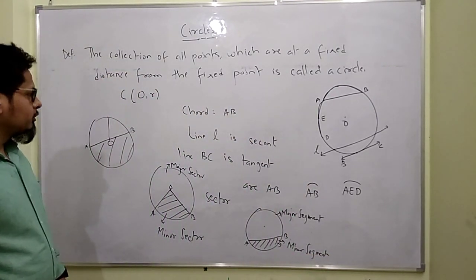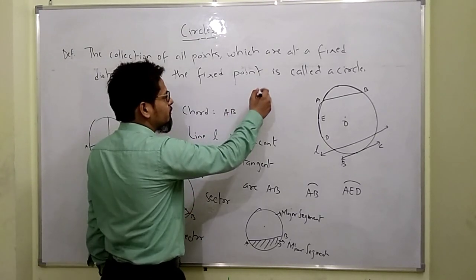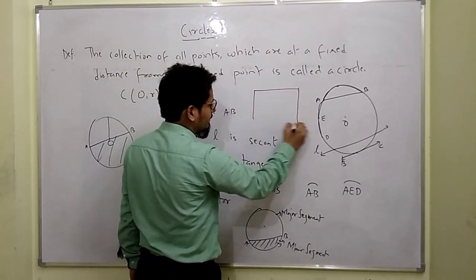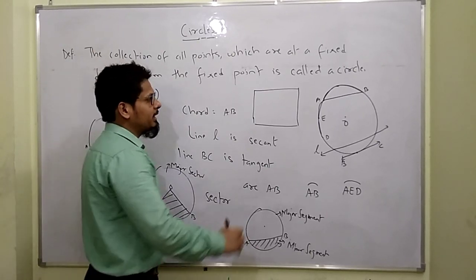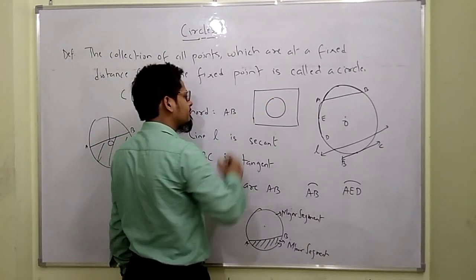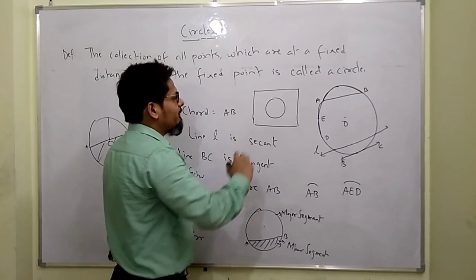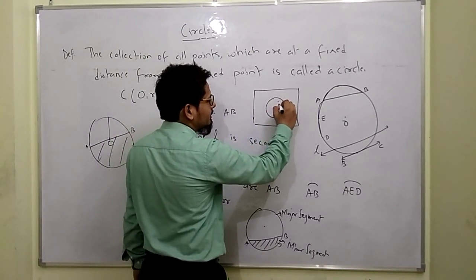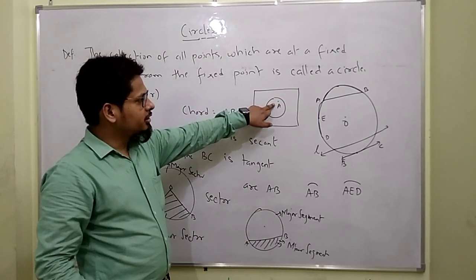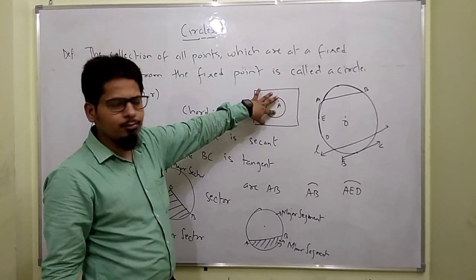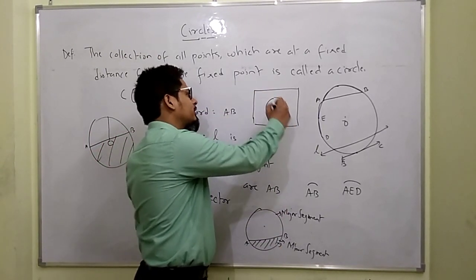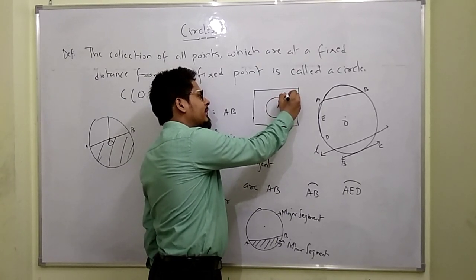Another thing you see: for example, you take this region, let it be a plane figure, right? And in the plane figure you draw one circle here. If a point is inside a circle, it is called an interior point, and this portion is called the interior region. If a point is outside the circle, it is called exterior.